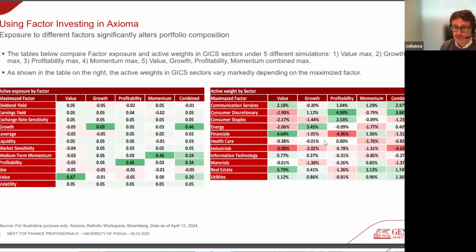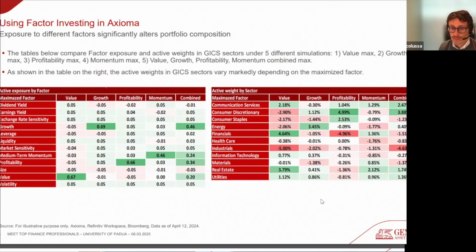What you can see from the table on the right is the very different sector allocation resulting from a maximization of a given factor. So for value, I have a maximization of the exposure to financials, for example. On growth, okay, this could be a bit puzzling, but it was energy.